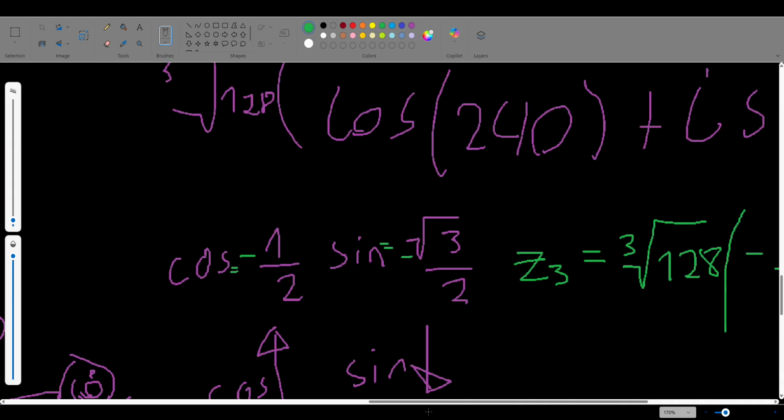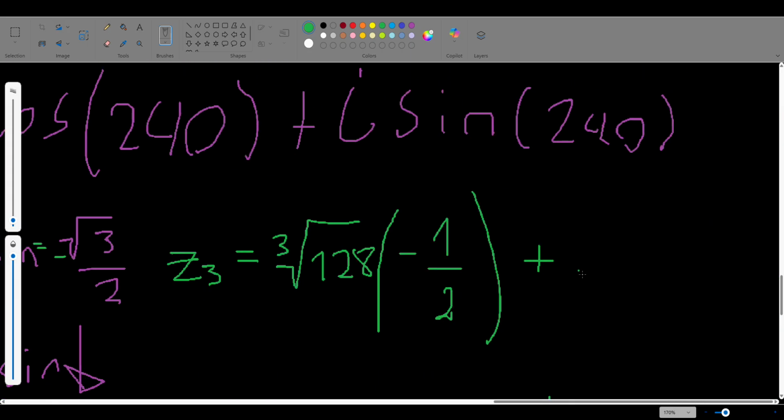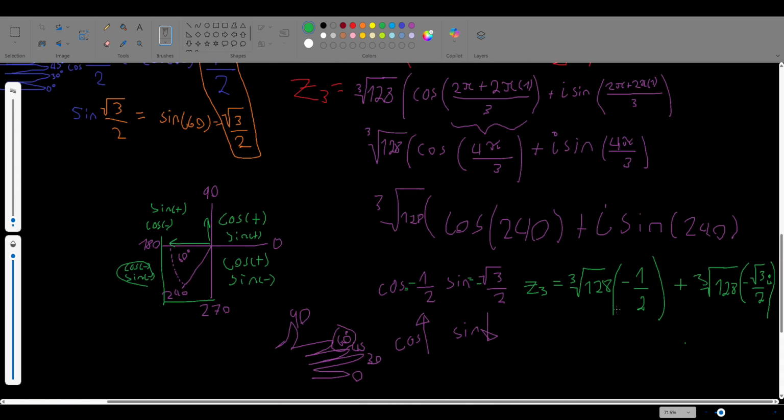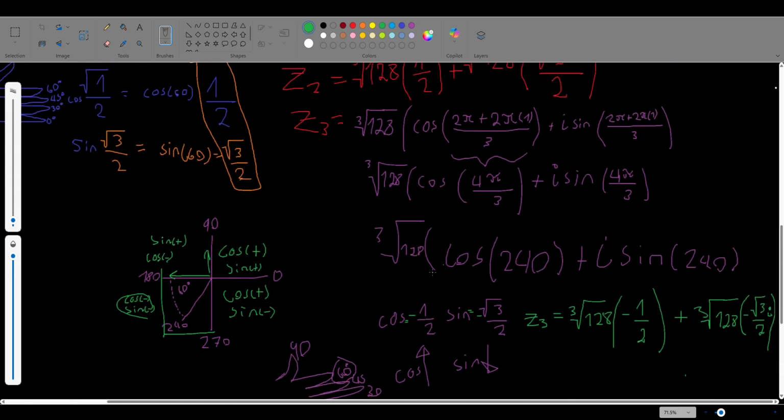Always include the I. I might not have included the I up there, but you always want to include the I. Plus the third root of 128 times the negative square root of 3 divided by 2, I. Always include the I. Otherwise, it's not going to be right.